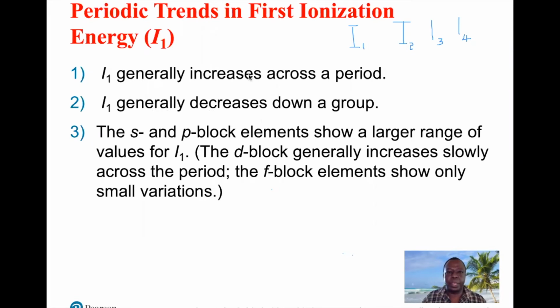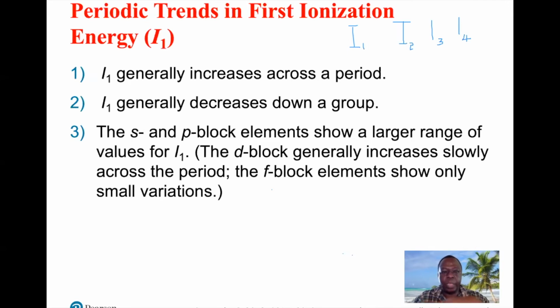So these are the general trends you need to know. And of course, if you are given a list of elements, maybe in one group, and you are asked to arrange them according to either decrease or increase in first ionization energy, you can use this.